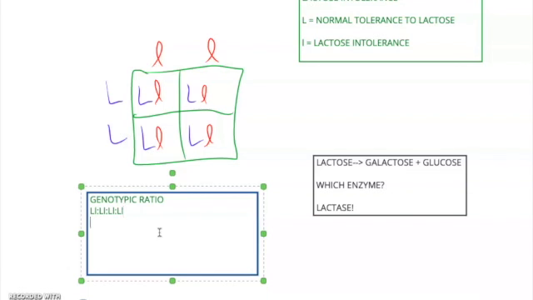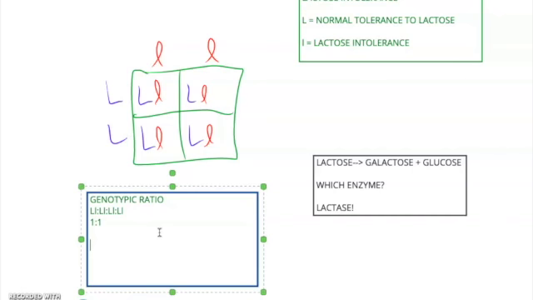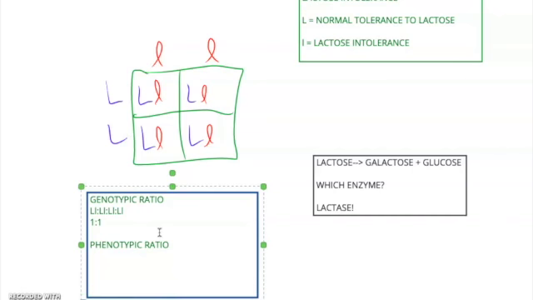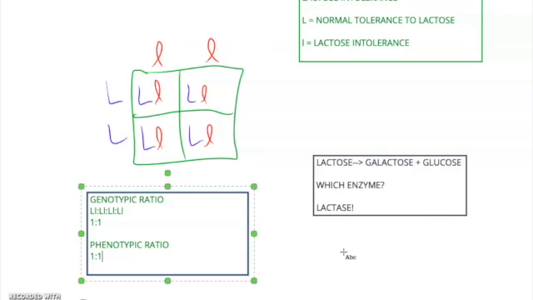This should actually just be a ratio of 1. It's not 1 to 1. Then we have the phenotypic ratios. The phenotypic ratio for this should actually just be a ratio of 1. It's not 1 to 1. This is not what it always ends up looking like. I will do an example in a second that shows us what it could look like in another scenario.